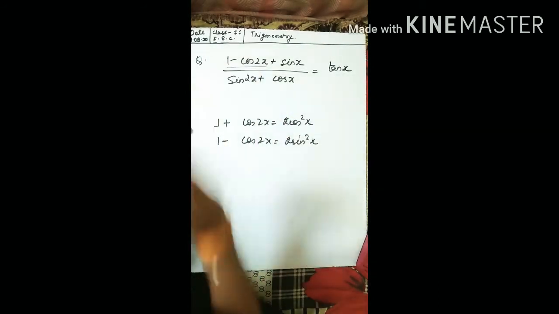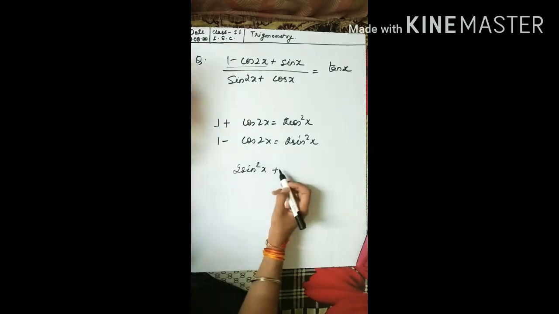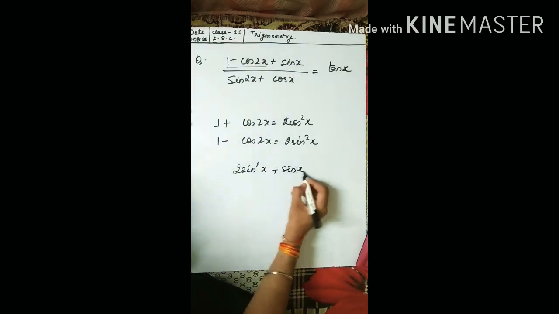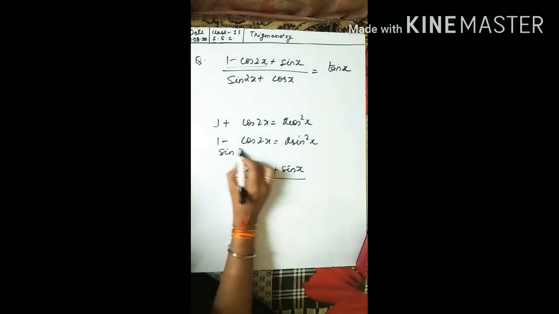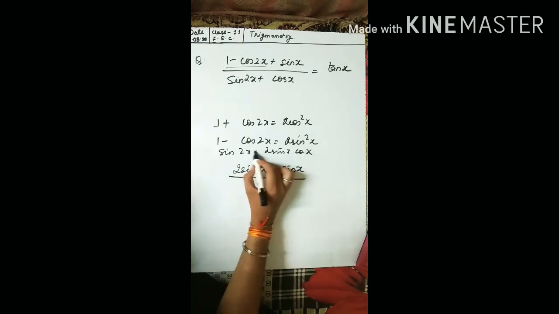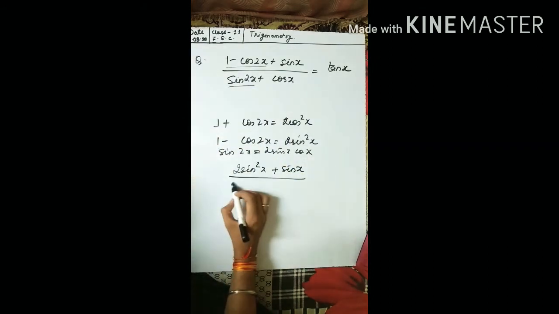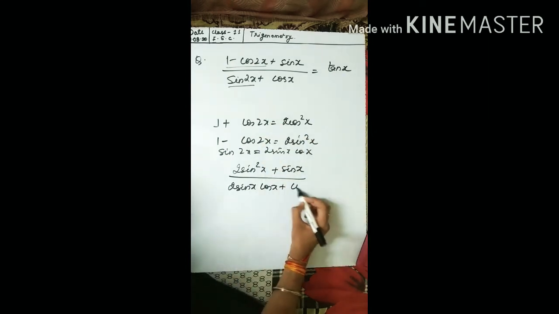So 1 minus cos 2x we can replace with 2 sin square x plus this sin x, whole divided by sin 2x. Again, what is the sin 2x identity? This is 2 sin x cos x. So in place of this, 2 sin x cos x plus cos x.